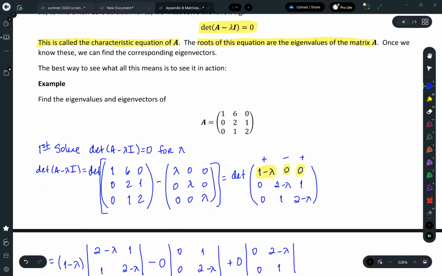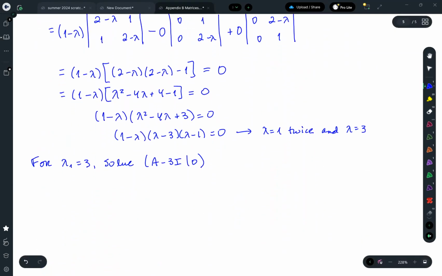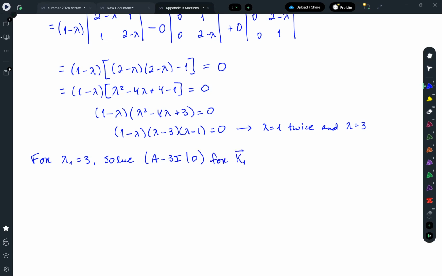Okay? And this notation that I'm using right here, with the parentheses around it, is like the matrix A minus 3I times k equals 0. We're going to solve this for k1. So that's going to be our first eigenvector.